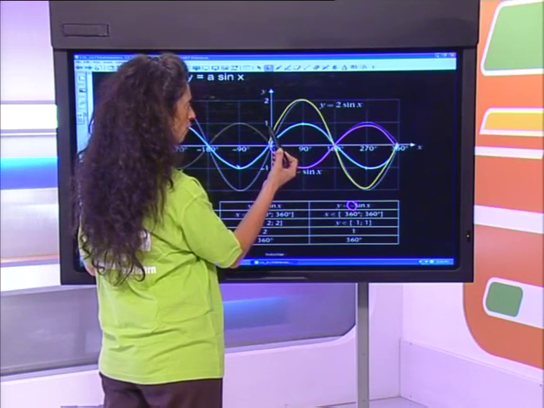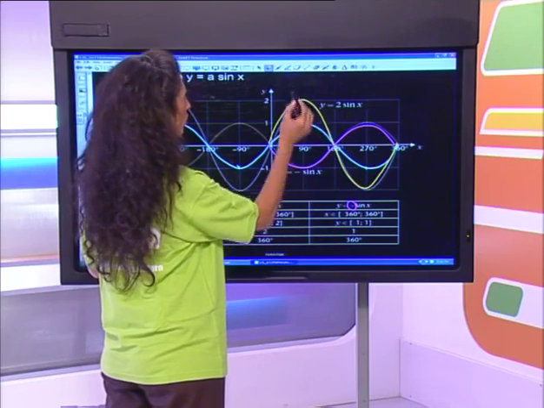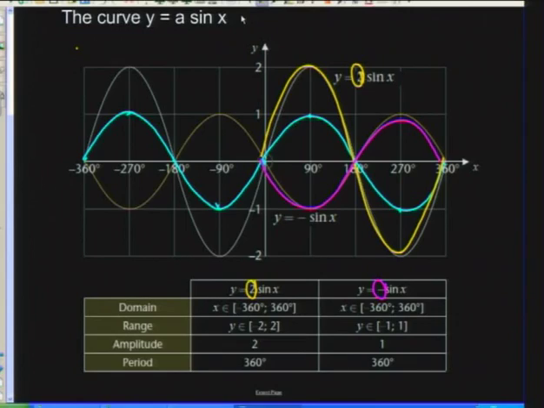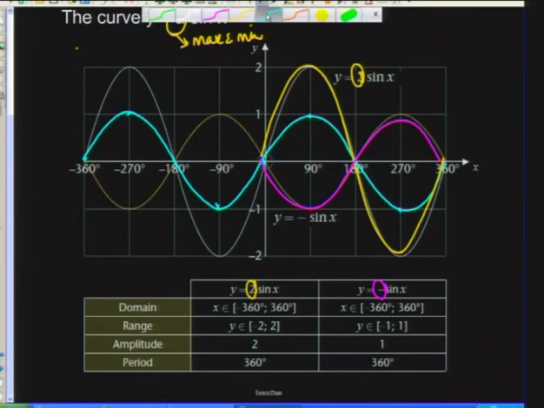The range for the yellow graph has changed because the coefficient is now 2. So changing the coefficient of the trig function will change its maximum and minimum values. The way we can plot those is very easy, because our parent graph has y values that start at 0.